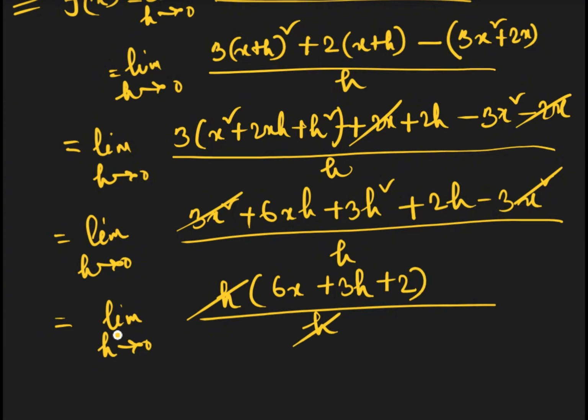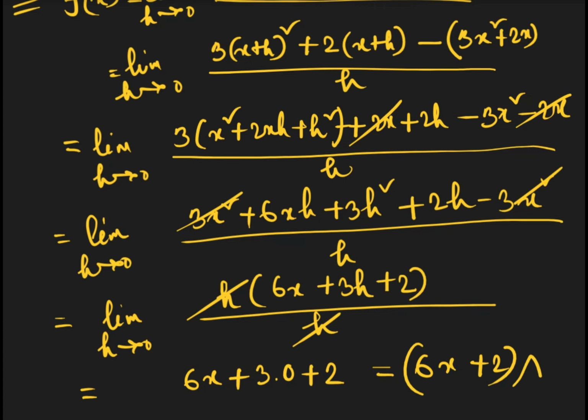So h cancels out. Now if we plug in the value of 0 at h, it won't be infinity or 0 by 0 form. So we could plug in the value of 0 instead of h. So 6x plus 3 times 0 plus 2. So we could write down 6x plus 2. So this is the final answer.